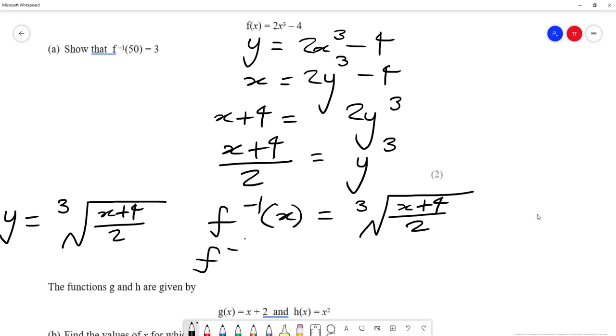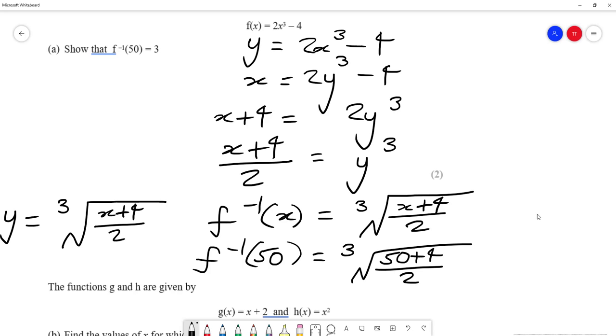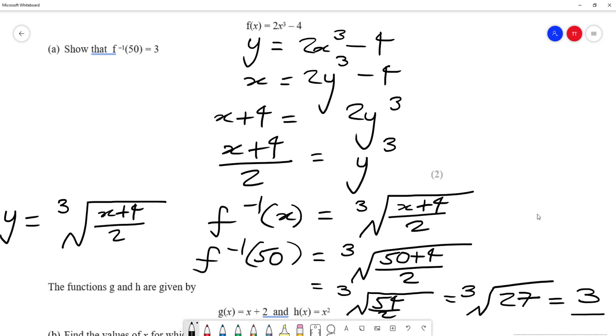So f inverse of 50 is going to give me the cube root of (50 plus 4) divided by 2. So that's going to give me the cube root of 54 divided by 2. Now half of 54 is going to be 27. So that's going to give me the cube root of 27, which is certainly 3.